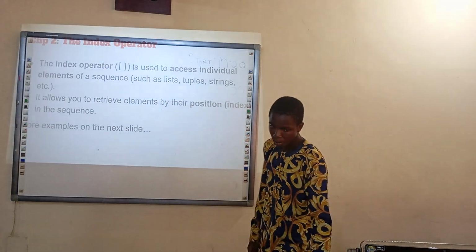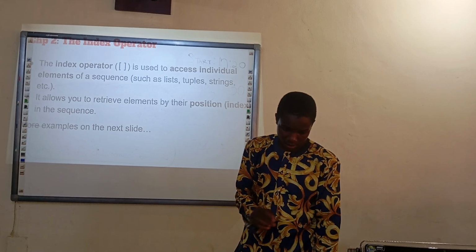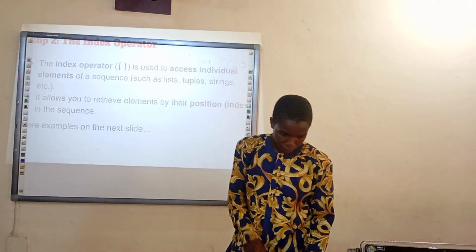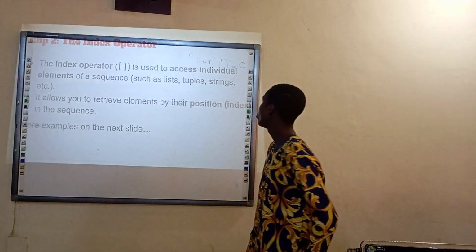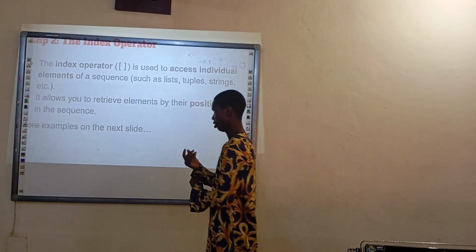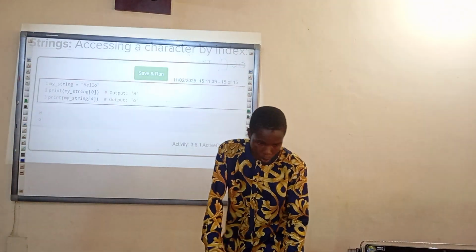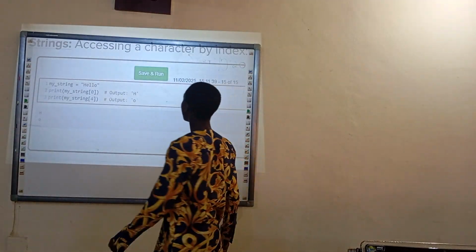The index operator. The index operator is used to access individual elements of a sequence, such as lists, tuples or strings. It allows you to retrieve elements by their position in the sequence. For example, now we want to access a character by using the index.